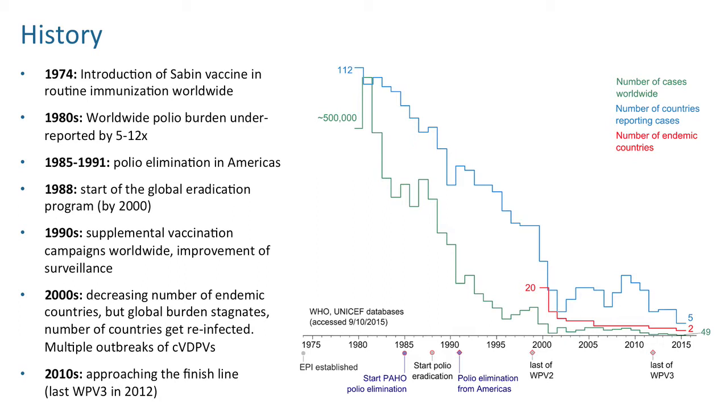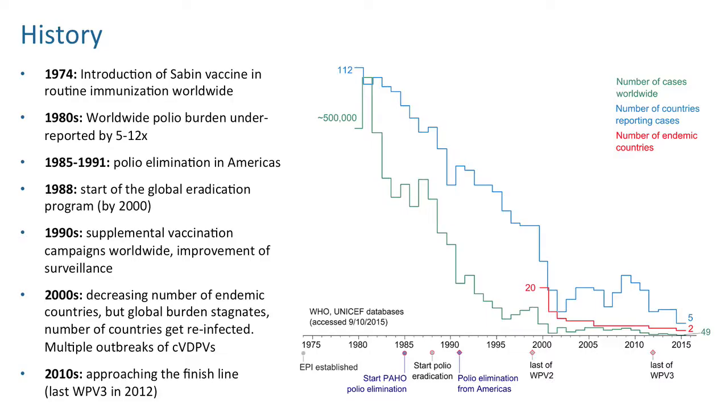So there's a lot of underreporting in the 80s, and at the time they were doing surveys to estimate incidence. Now, as of September, there's approximately 49 cases globally this year, all of type 1, all of wild type 1. Sorry, this actually includes the circulating vaccine derived as well.